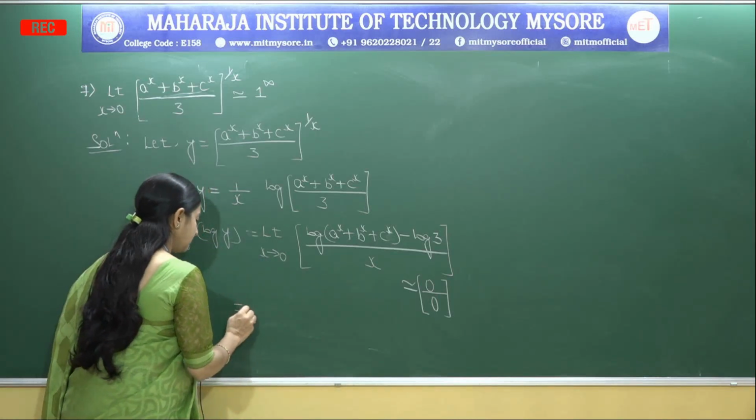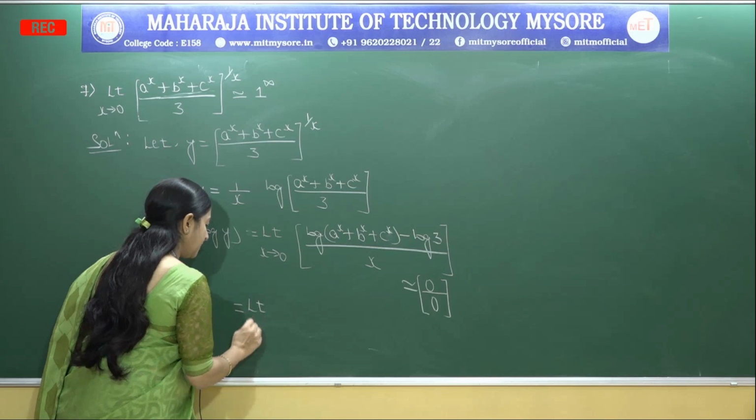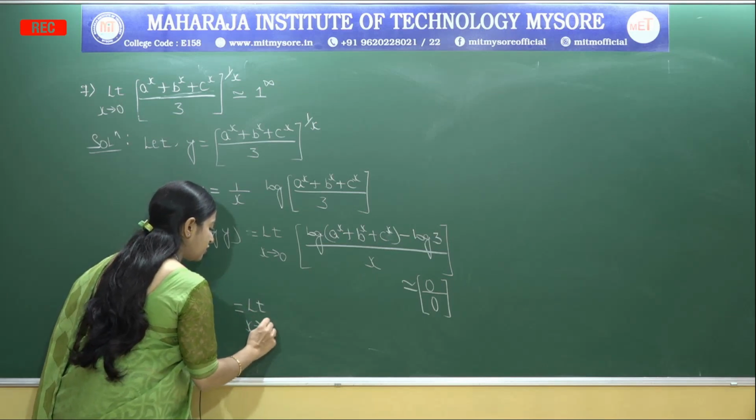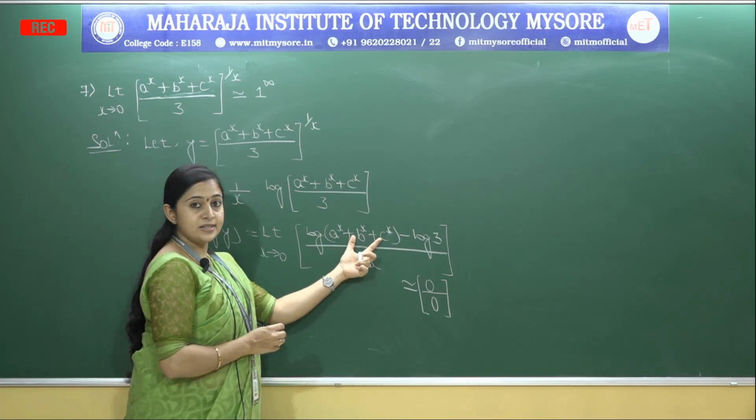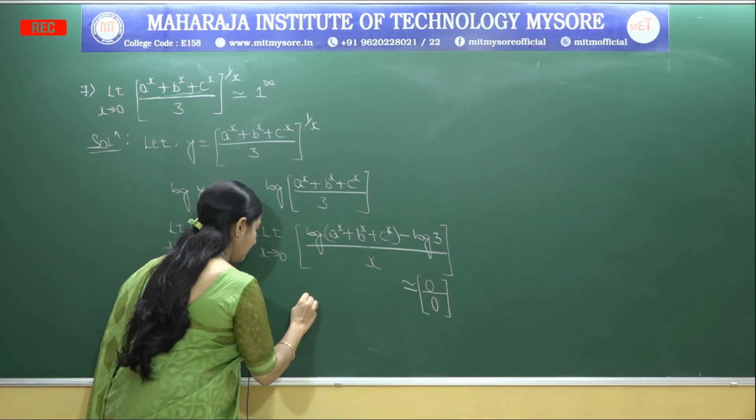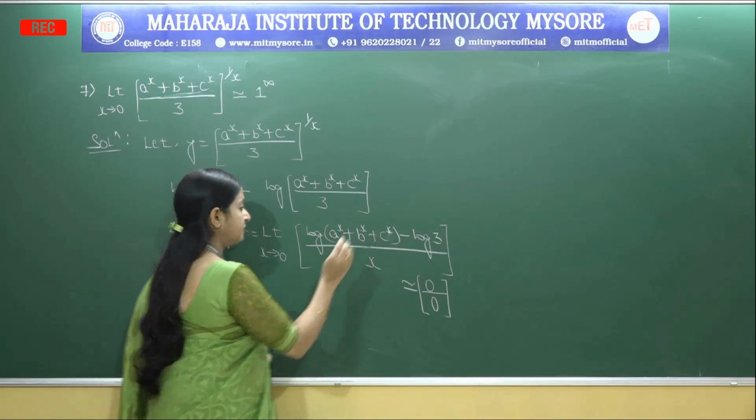So this equals limit, you keep it as it is, limit x tends to 0, the log differentiation is 1 by the expression, I write it here.